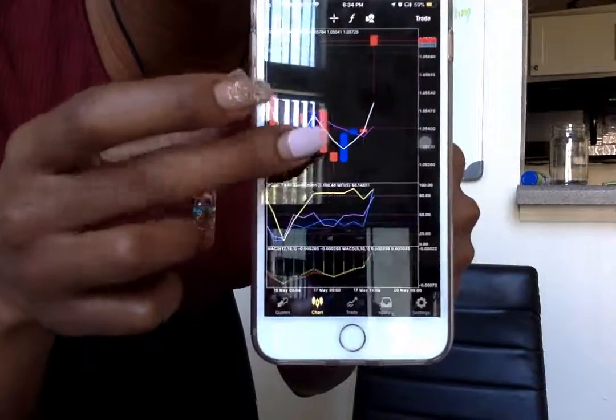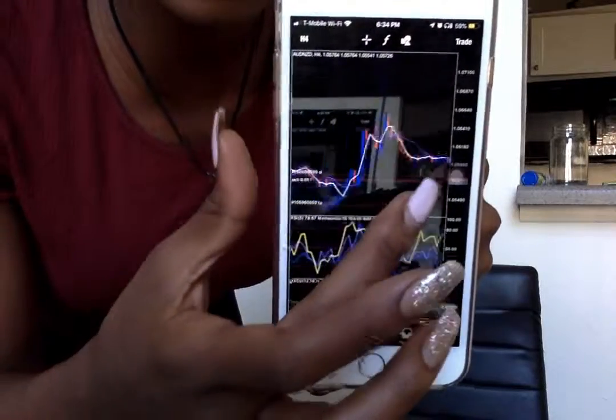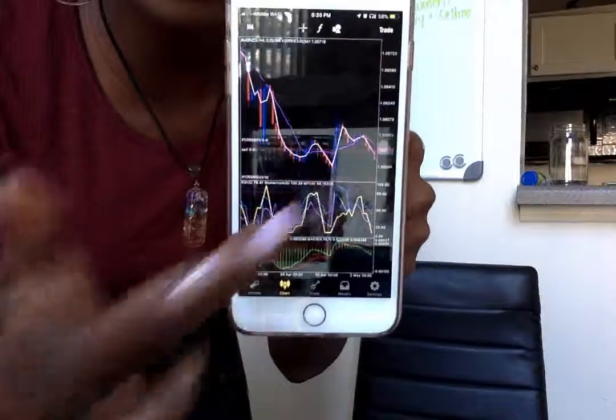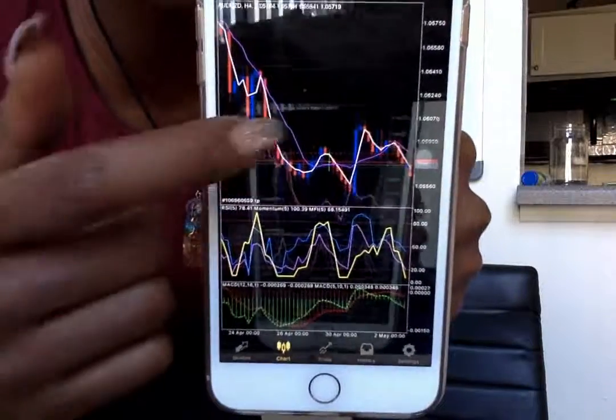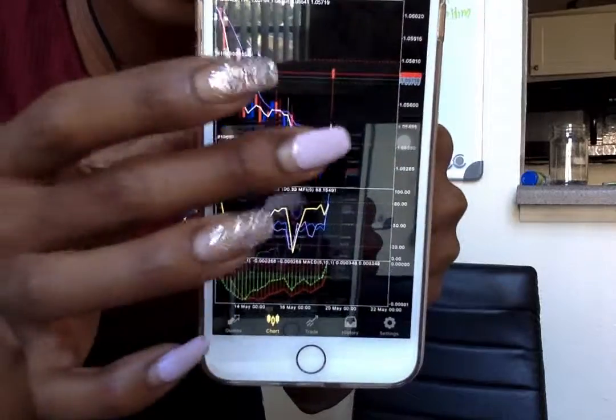But this is your market. This is what your market will look like. These are your moving averages and your momentum in the market. In order for you to understand this, we will get to that in another time.